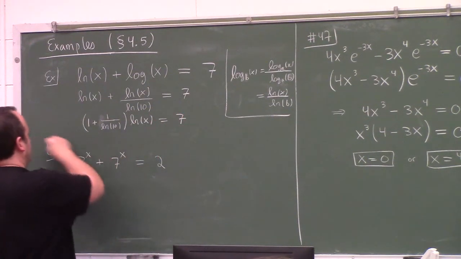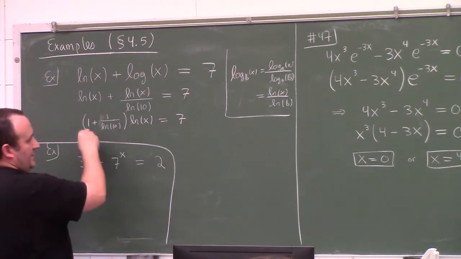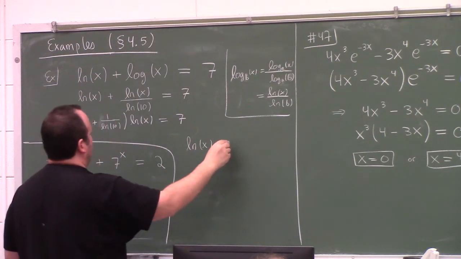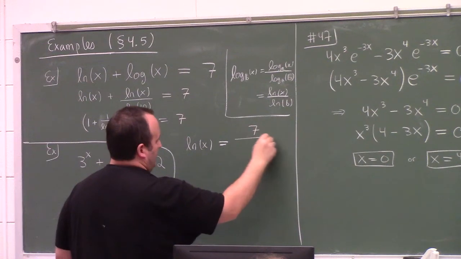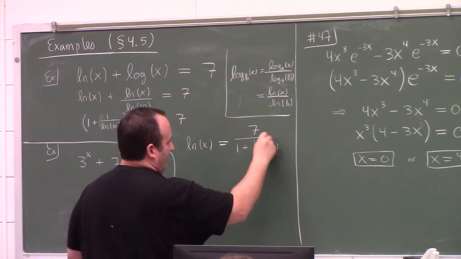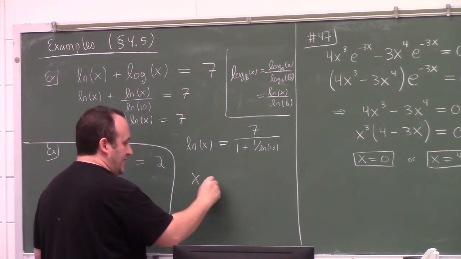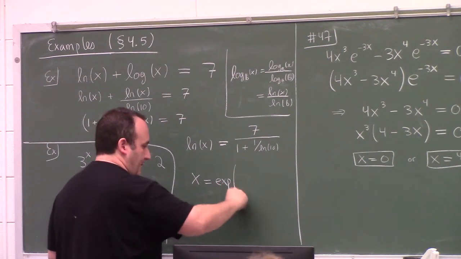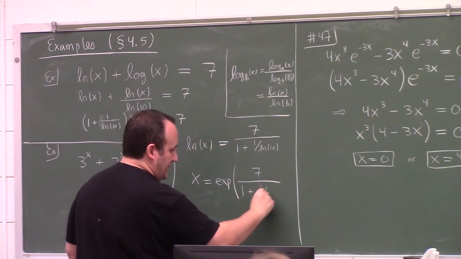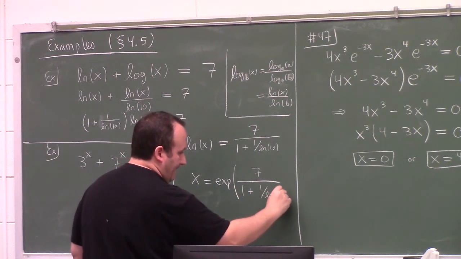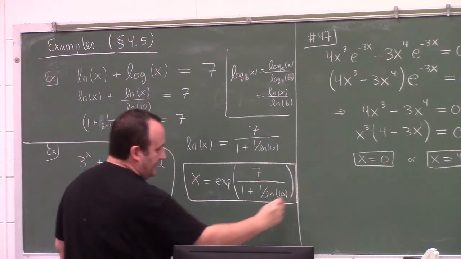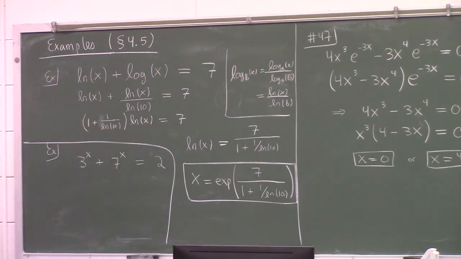And so, natural log of x is equal to 7 divided by 1 plus 1 over log 10, which means that x is equal to the exponential of 7 over 1 plus 1 over log 10. And so there you go. That one's not impossible.